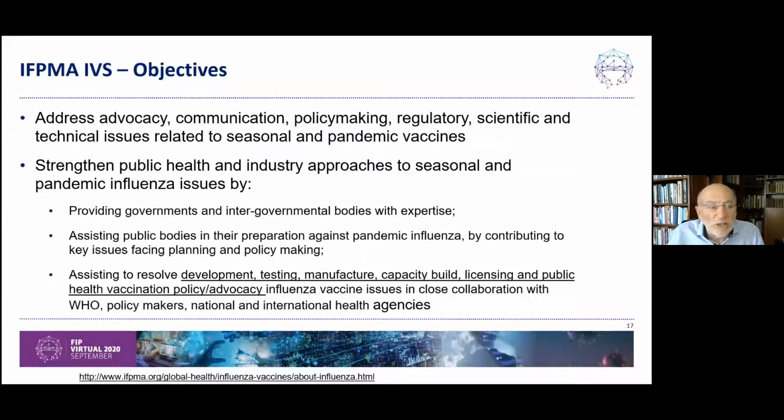We are assisting public bodies in preparations against pandemic, so-called pandemic preparedness. And we assist to resolve development, testing, manufacturing, capacity building, licensing, the whole field, I would say, around vaccines, and not only vaccines, but of course also immunization, because we talk a lot about vaccines, but vaccines do not protect against disease. It's the act of immunization which is protecting people. Next slide, please.